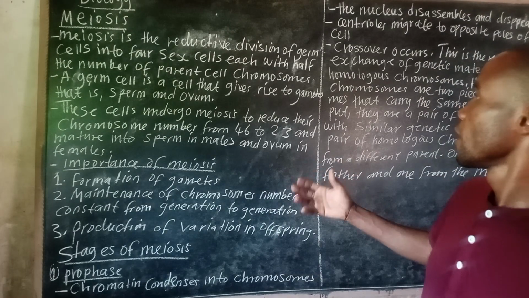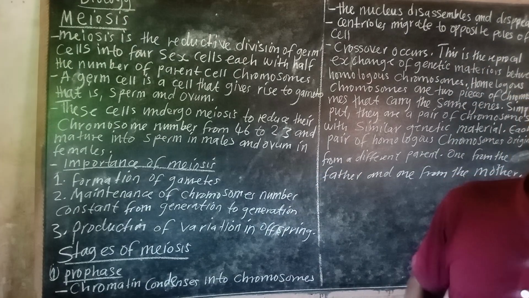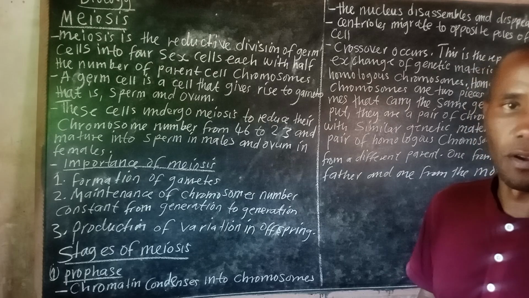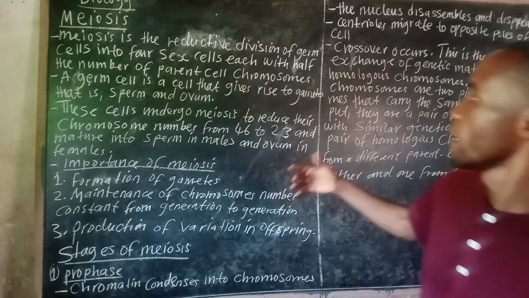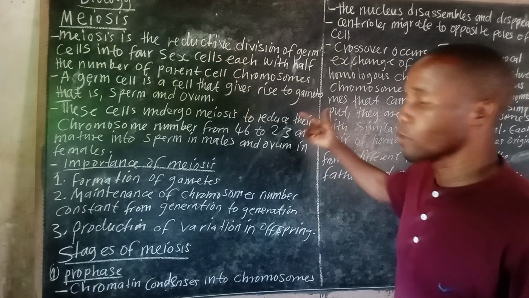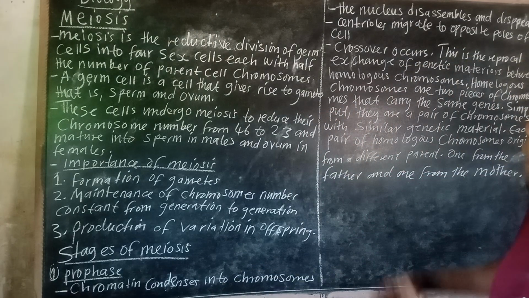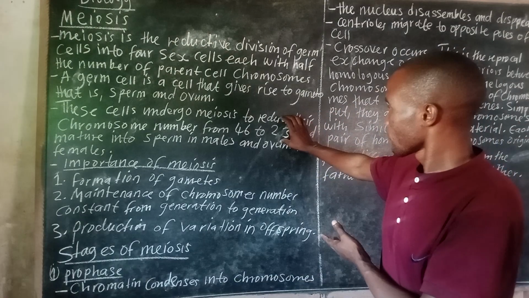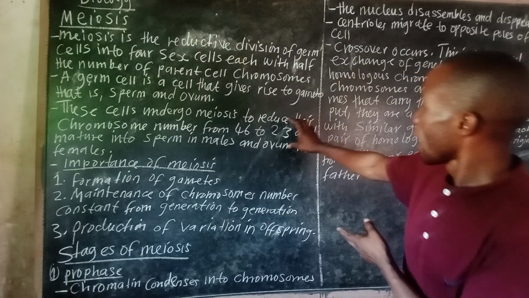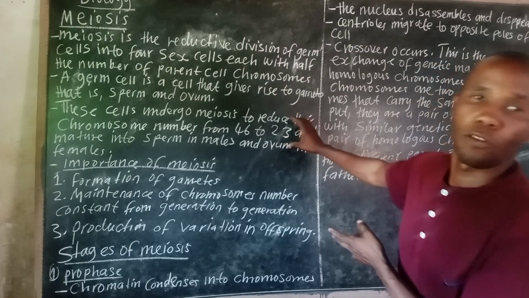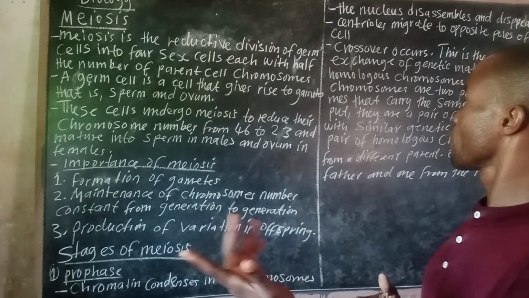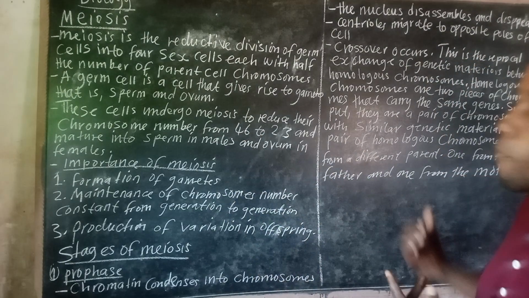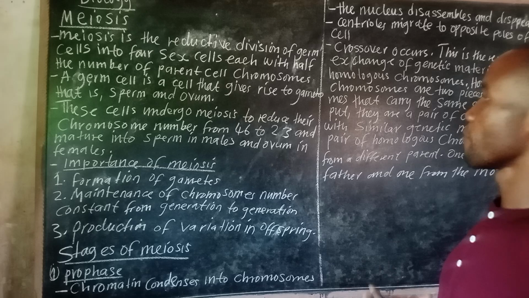But for this one, those cells are being divided into 2, each with 23 chromosomes. So the daughter cell this time gets 23 chromosomes from each parent, 23 from the female and 23 from the male, that is the father and the mother.